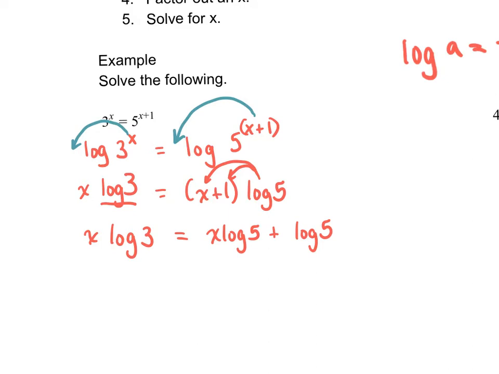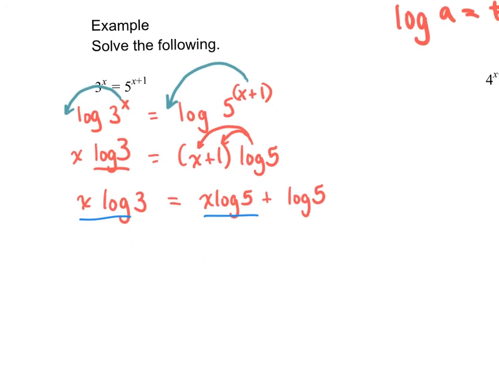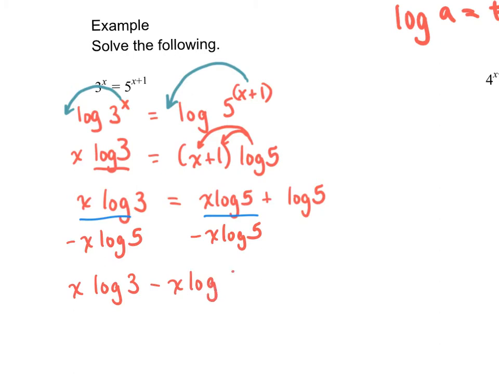Now there are 2 terms with an x, so my goal is to get those on the same side. So I will subtract x log 5. So we get x log 3 minus x log 5 equals just log 5.